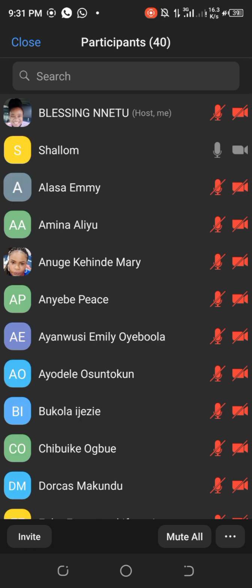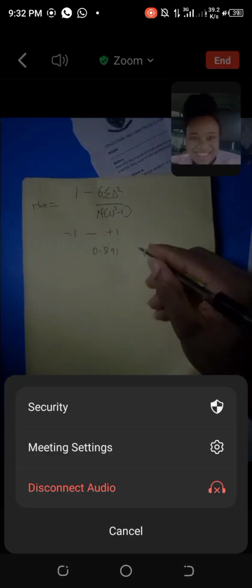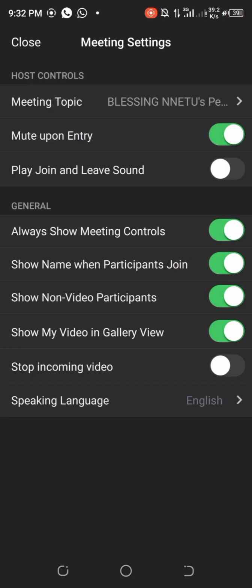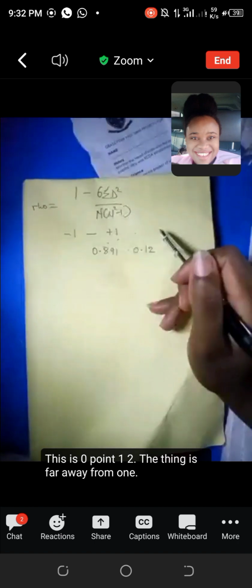So this 0.891 is closer to 1. That's why I say strongly positive. If we got an answer that is maybe 0.1, let's say 0.12, the thing is far away from 1. So we can say yes, there's a relationship, but the relationship is not strong.